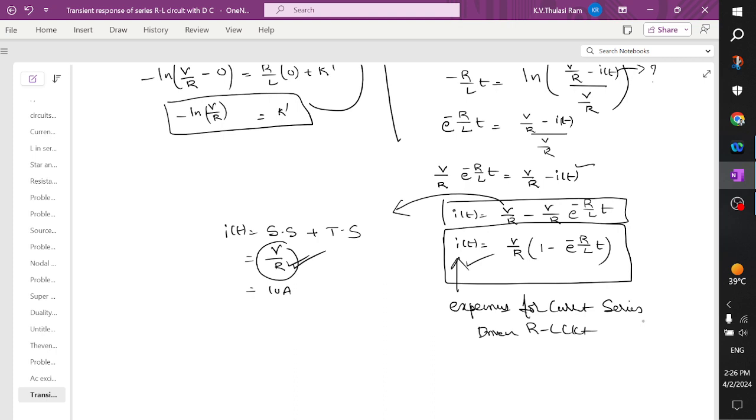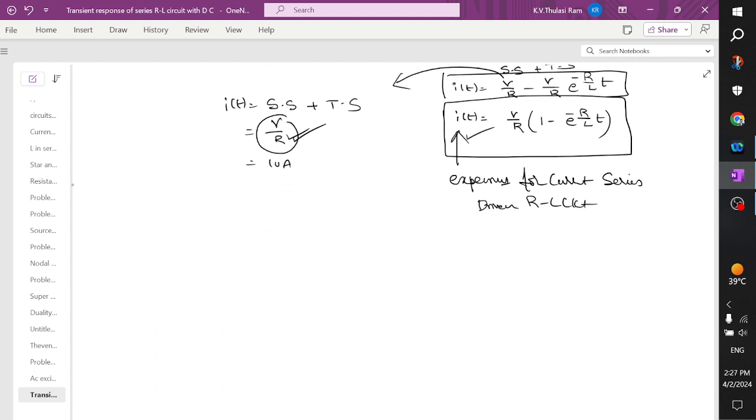So it consists of two parts: this part is called the steady state part, and this part is called the transient state part. When you draw the graph of this curve I of t, you can understand better.